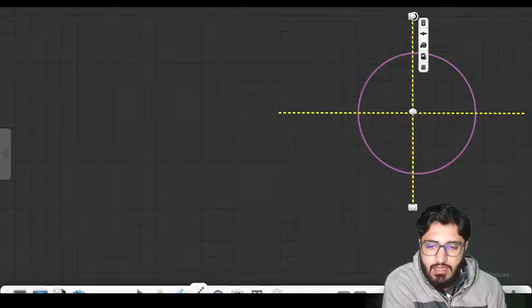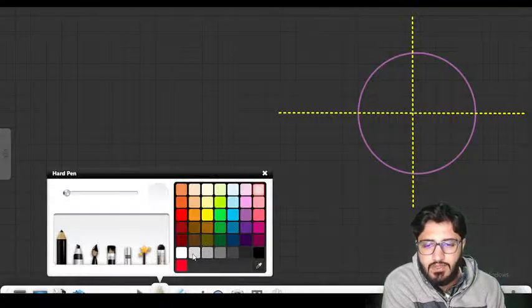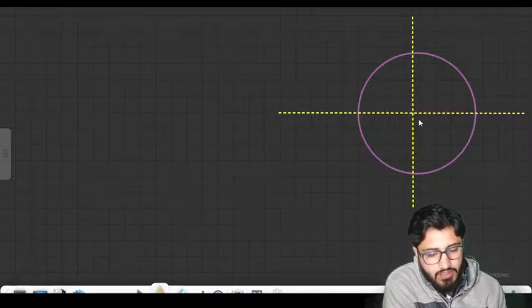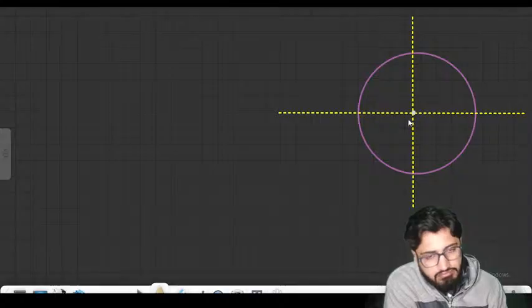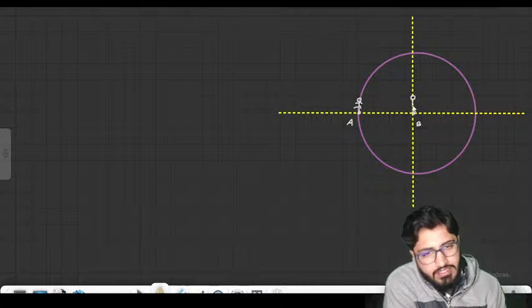These are my reference lines. Okay, look now. This is my origin. I can take this as point A and this one as point B. We are having two observers. One observer is at point A and one observer is sitting at point B.